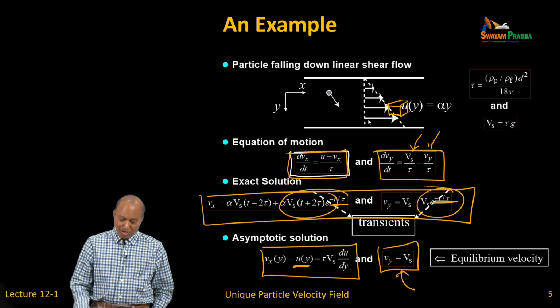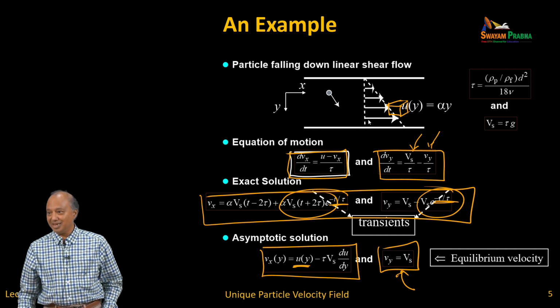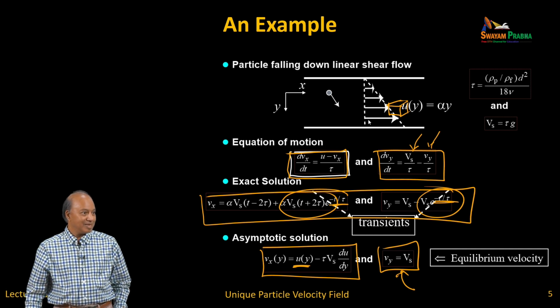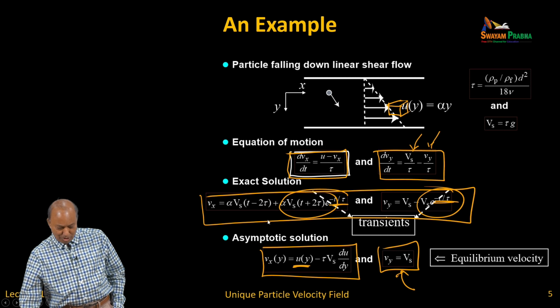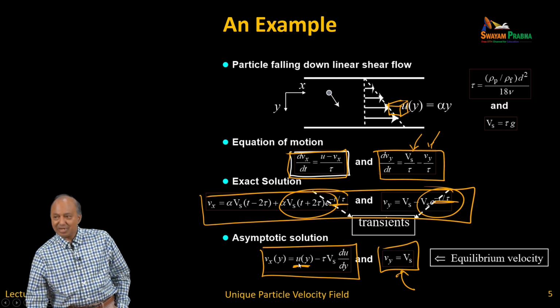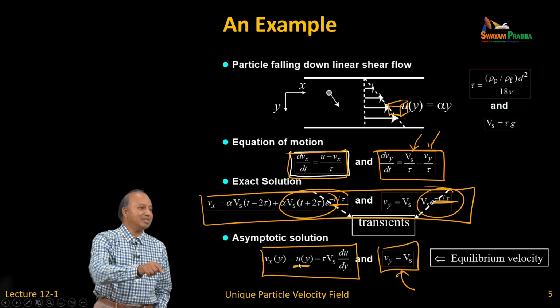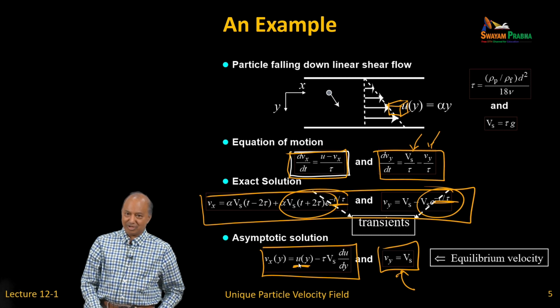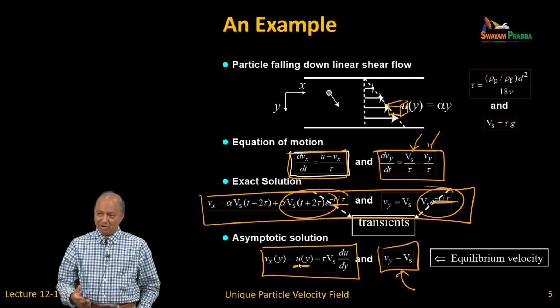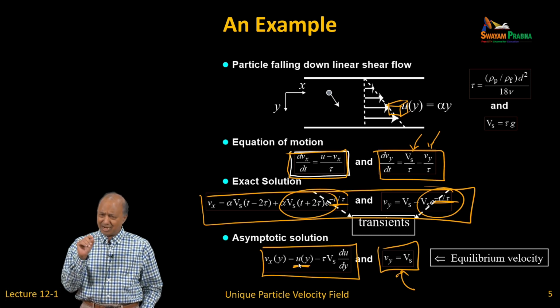You are measuring V, not U. But once you get V, you can turn it around and ask what U would give this particle velocity. So, this is a great equation, provided the particle's Stokes number is not very small and not very large.